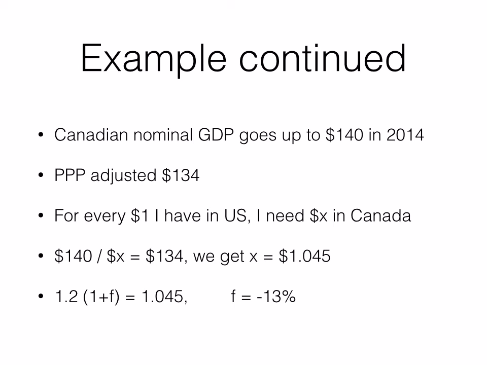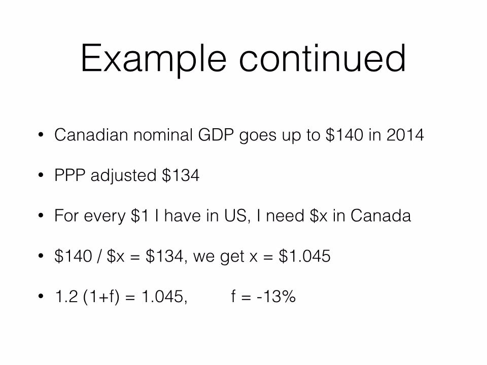So taking the US as my base further allows me to look at the price difference in Canada from one year to the next. Since I know that the price stayed the same in the United States from 2013 to 14, this comparison of 1.2 versus 1.045 in Canada across years makes sense and gives me an idea about the price difference over time in Canada as well.